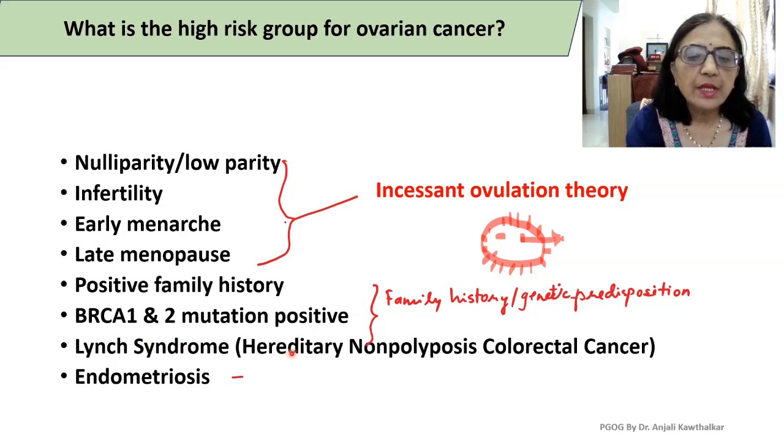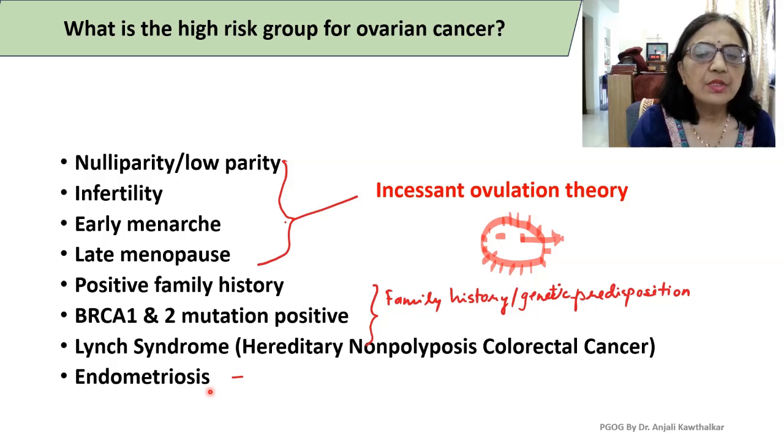And Lynch syndrome is hereditary non-polyposis colorectal cancer, where there is a high risk of developing not only colon cancer but there is a long list: endometrial cancer, ovarian cancer, and women having this Lynch syndrome also belong to the high risk group for ovarian cancer. And endometriosis, long-standing endometriosis, is a risk factor as it can convert into either endometrioid or clear cell cancer.